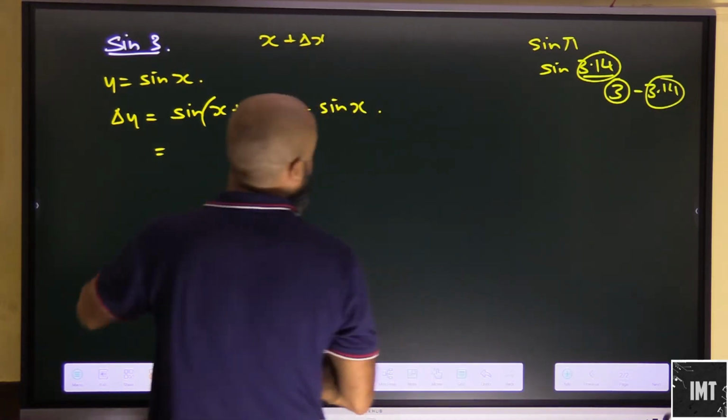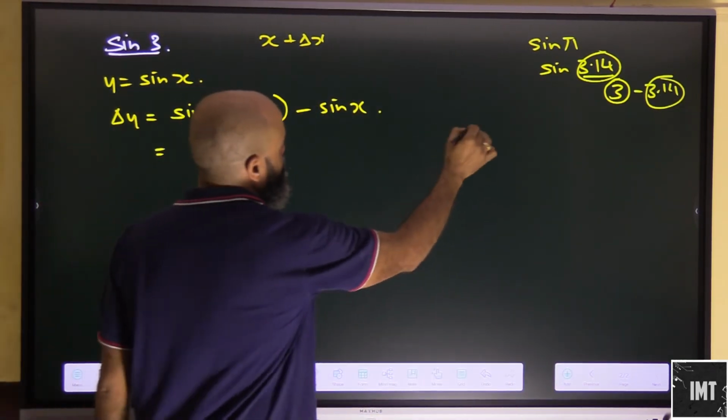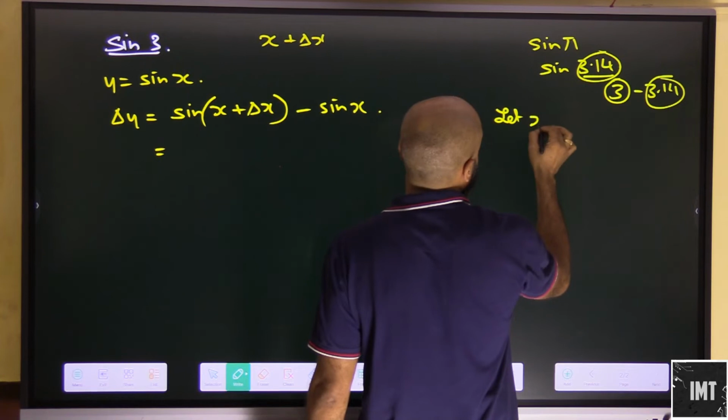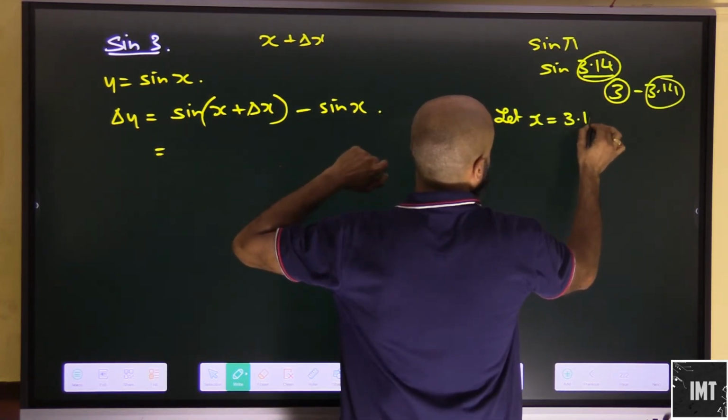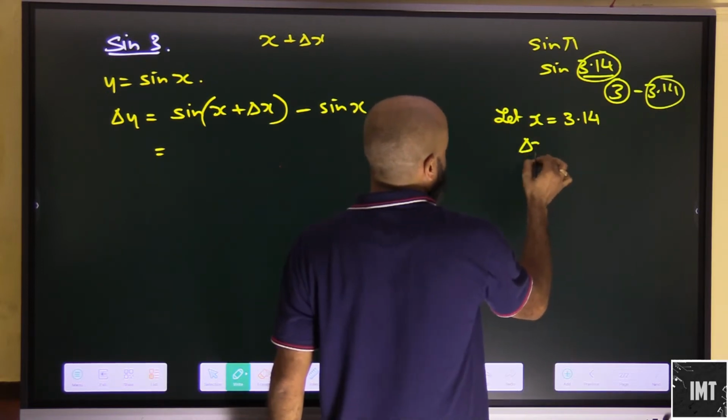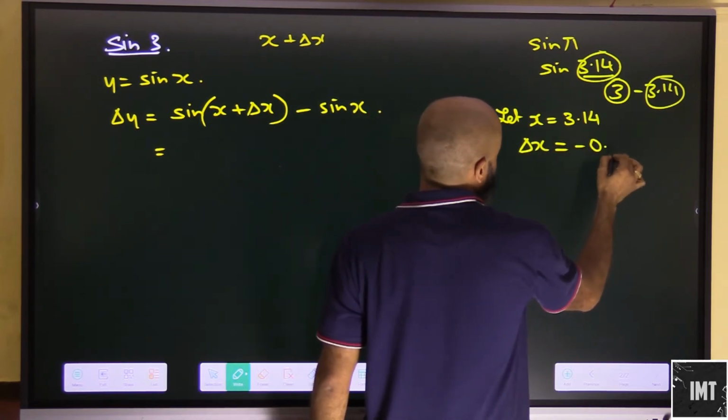So in this case, let x be equal to 3.14, and let delta x be equal to minus 0.14.